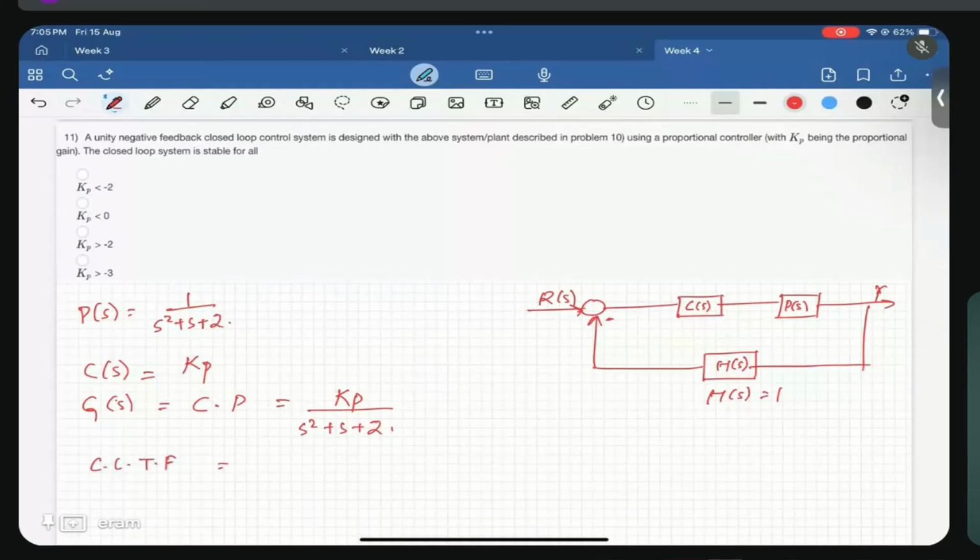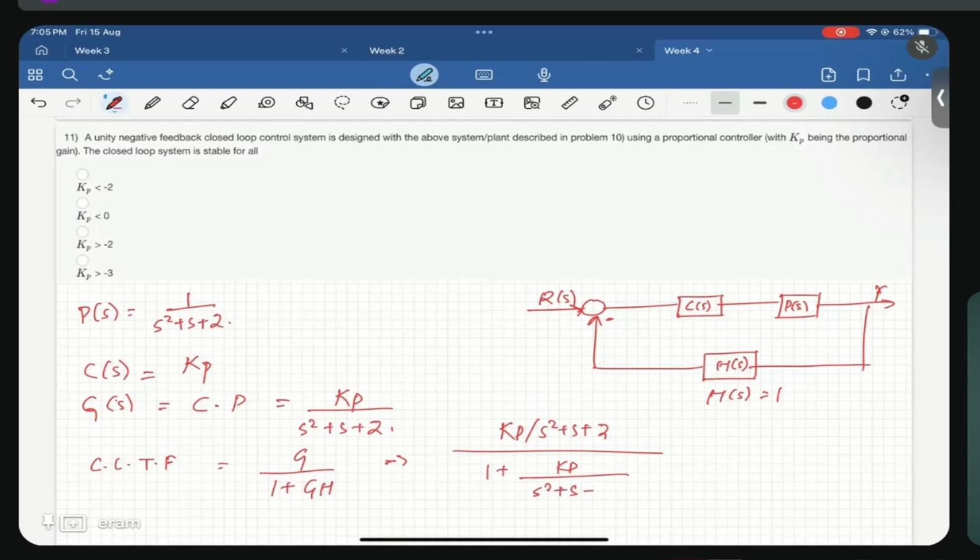Yes, we can write it as G by 1 plus GH, and H is 1, so it is Kp by s square plus s plus 2 divided by 1 plus Kp by s square plus s plus 2. So we'll be left with Kp by s square plus s plus 2 plus Kp.